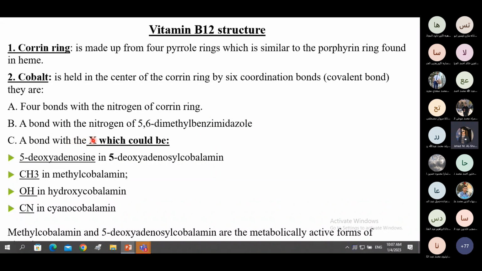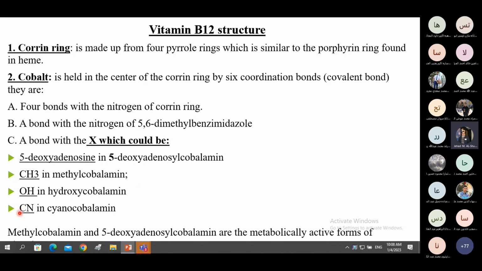X could be 5-deoxyadenosine. If 5-deoxyadenosine is there instead of X, then the B12 is known as 5-deoxyadenosylcobalamin. If a methyl group is in X, it is methylcobalamin. If an OH group is in X, it is hydroxocobalamin.